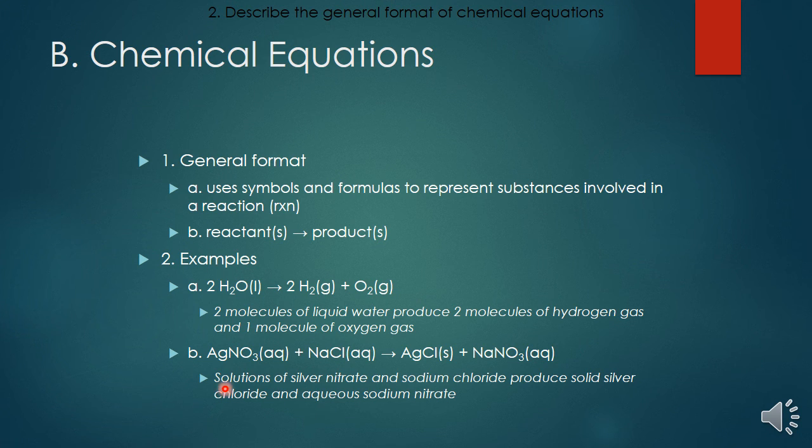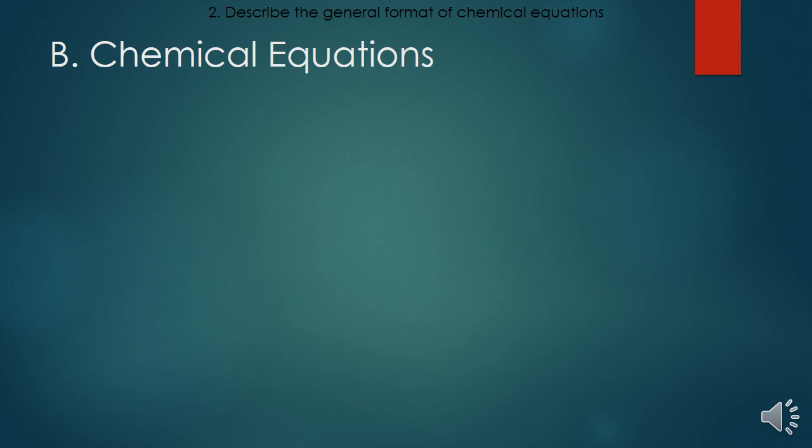So we have a solution of silver nitrate, we have a solution of sodium chloride, and unless we are given information otherwise, that tells us it is dissolved in water. So aqueous means dissolved in water. And you might be able to figure that out anyway because notice the root word there is aqua, referring to water.